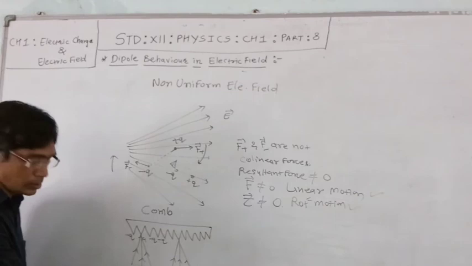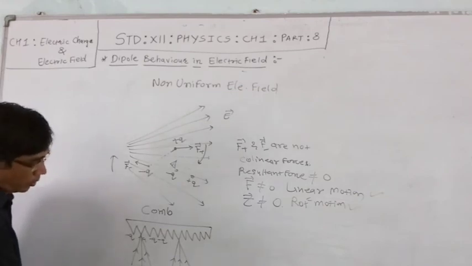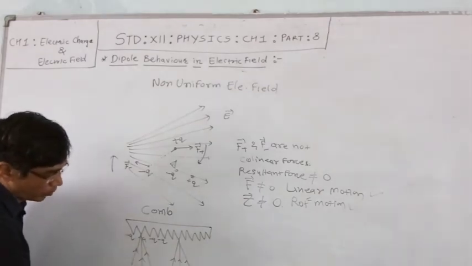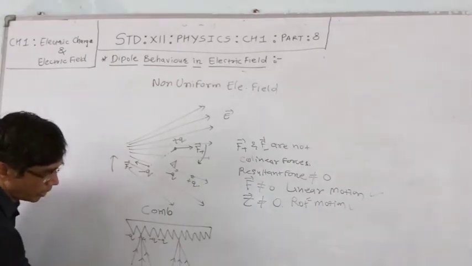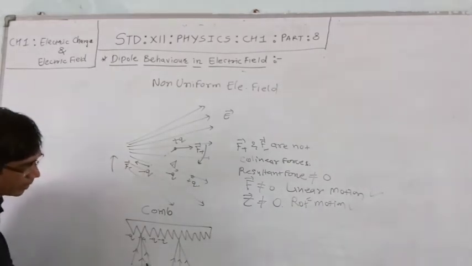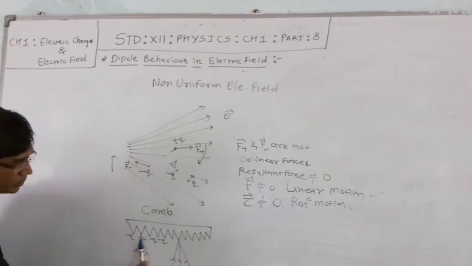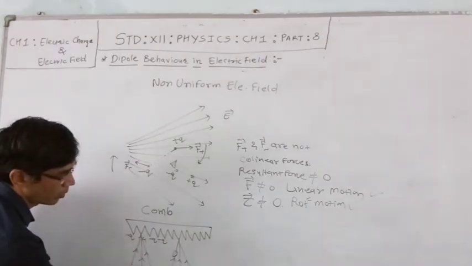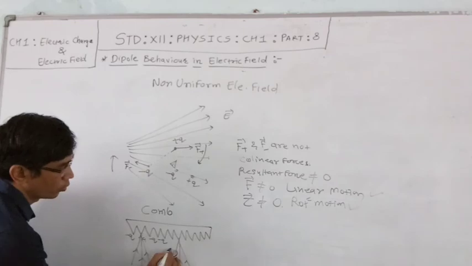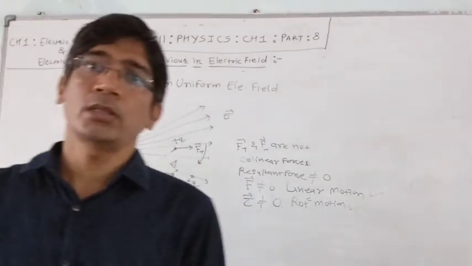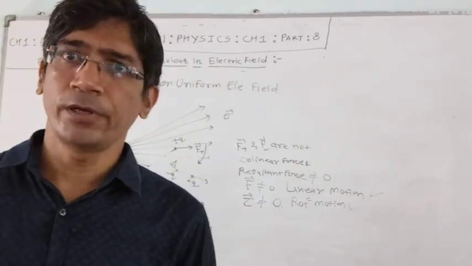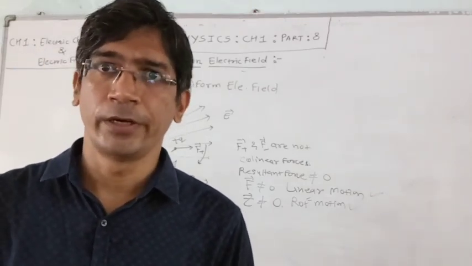On the paper particle, a dipole is induced. Here positive and here negative, positive, negative. So a dipole is produced, and these paper particles are aligned in the direction of the electric field and move towards the comb. So this is the electric dipole's behavior in a non-uniform electric field.